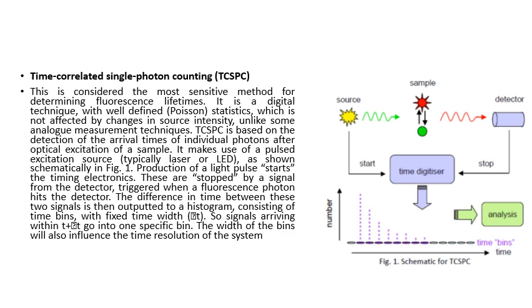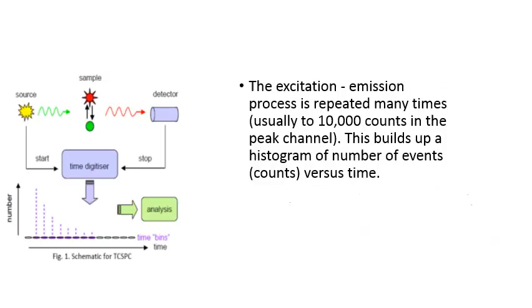If we found some difference between these two signals, suppose two signals coming, then it will give you a histogram. And this gives many information. The excitation emission process is repeated many times.